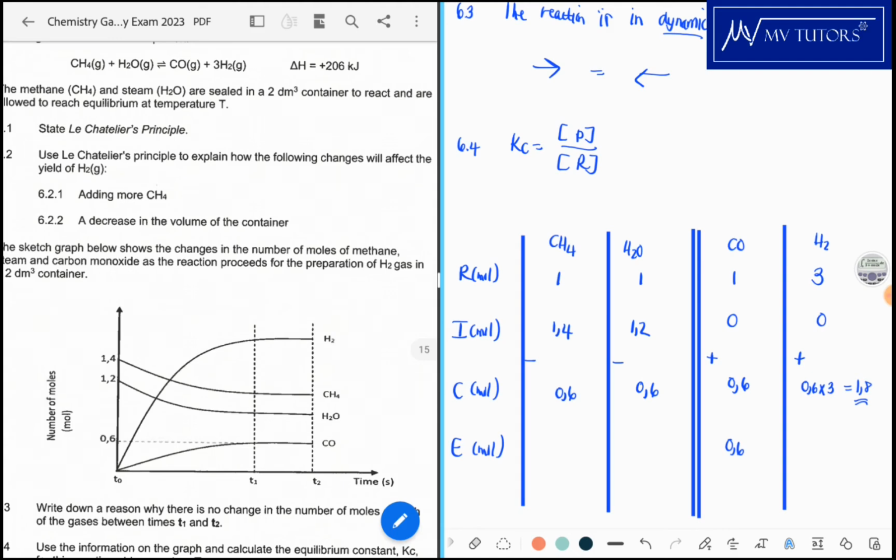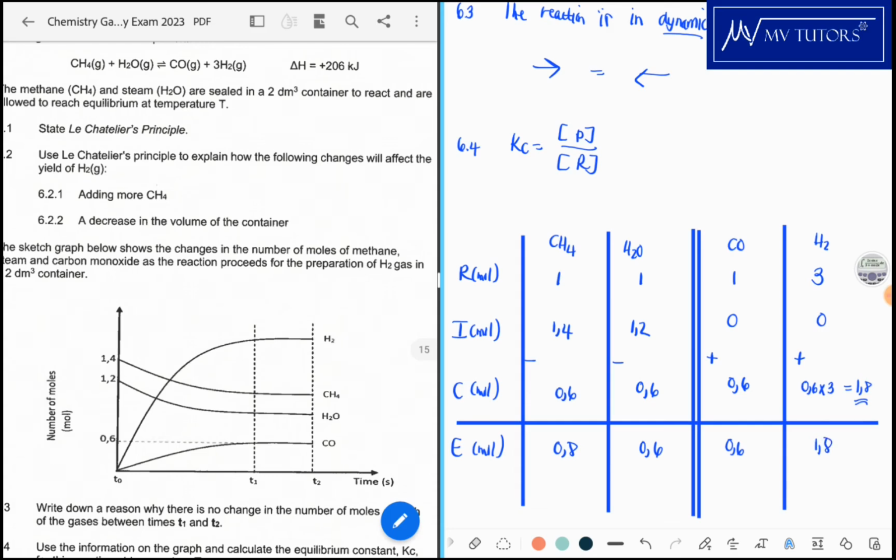Now we're going to say what is 1,4 minus 0,6. Let me just put a line there to show that here we are adding or subtracting. So 1,4 minus 0,6, you have 0,8. 1,2 minus 0,6, you have 0,6. And 0 plus 1,8 will be 1,8.